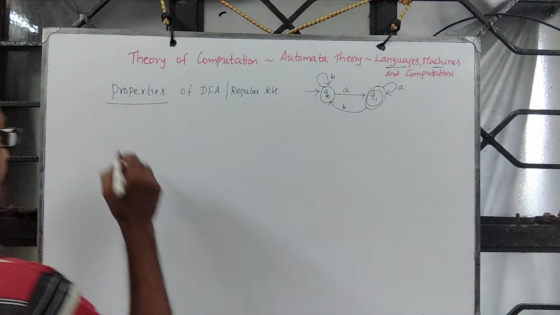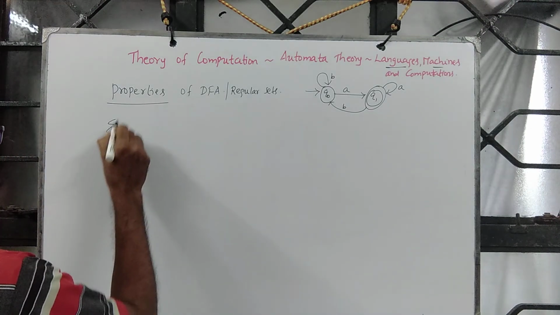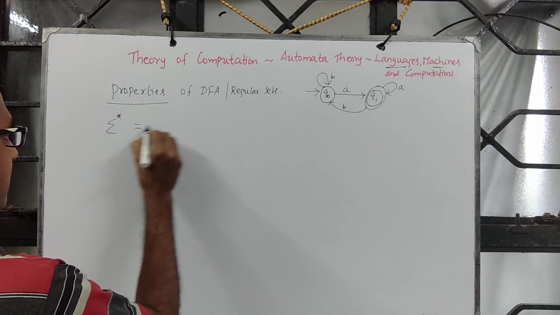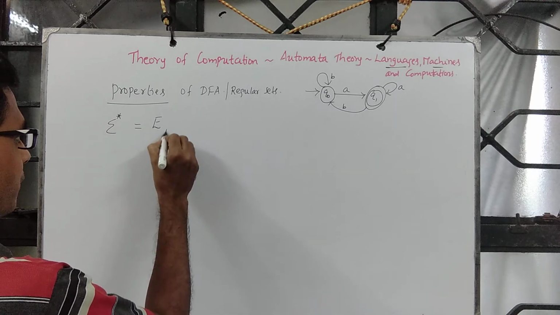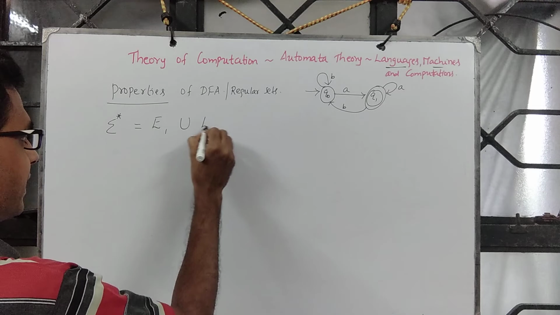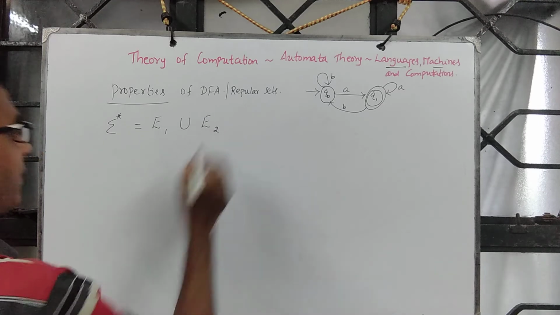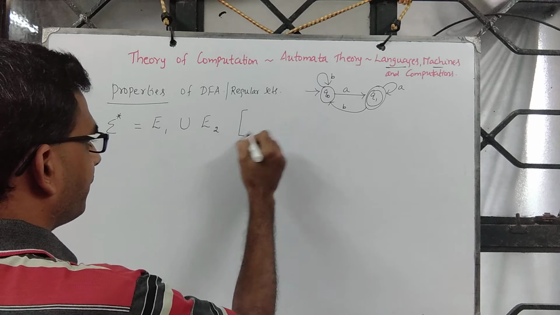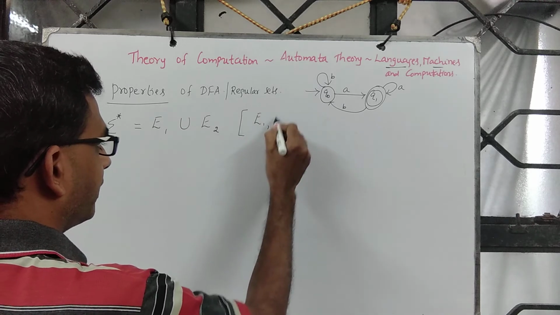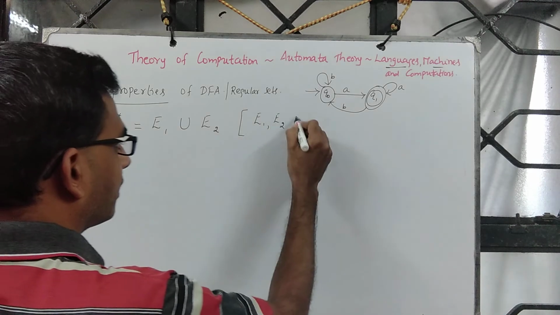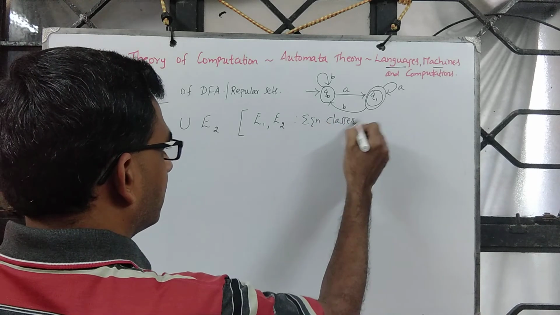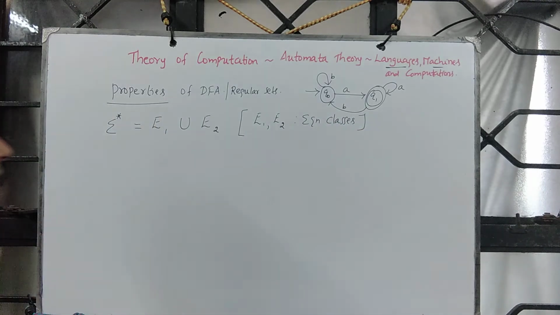So what are we saying? Look at the underlying set sigma star. This is partitioned into two equivalence classes. So sigma star is E1 and E2, and E1 and E2 are equivalence classes with respect to the relation we have defined.